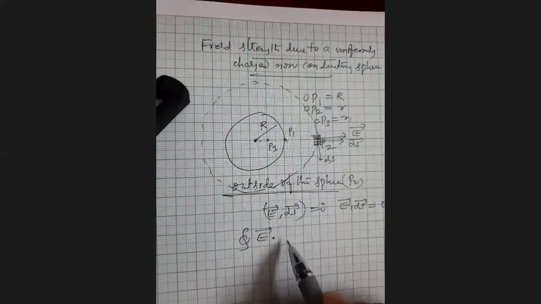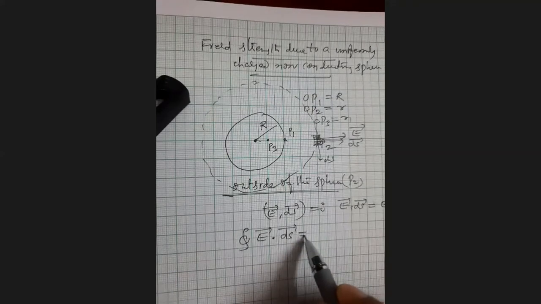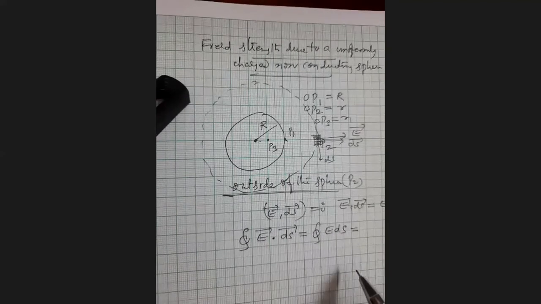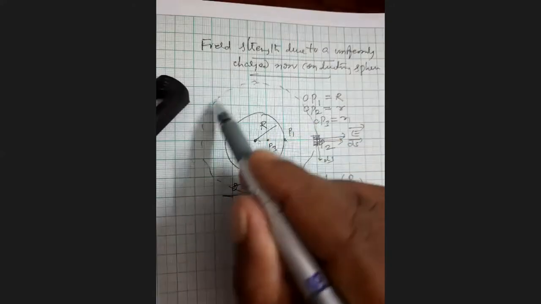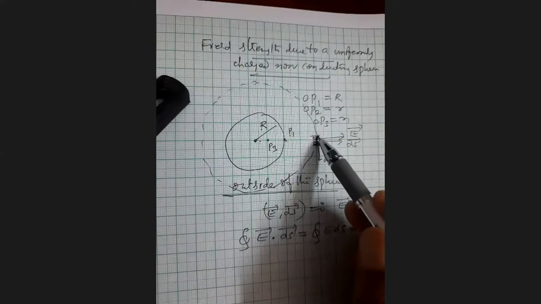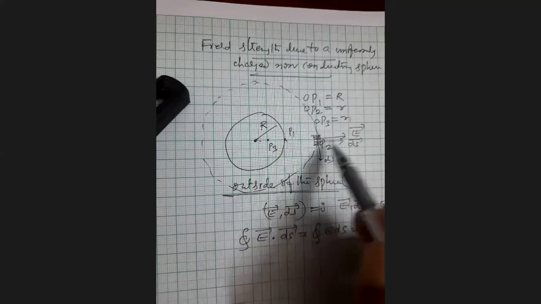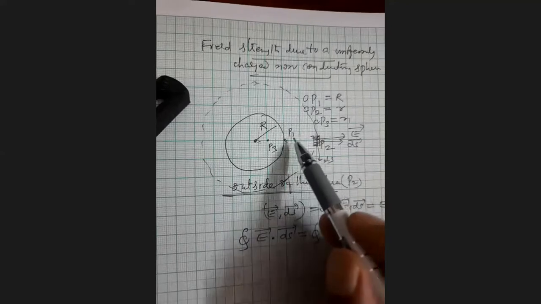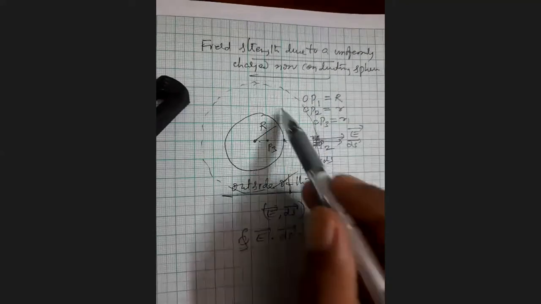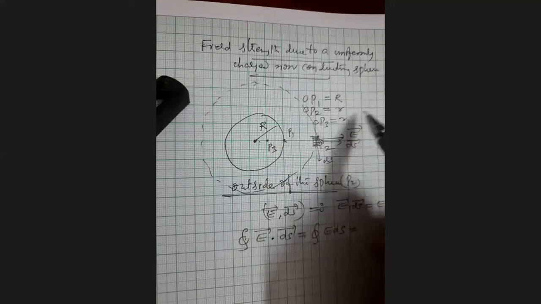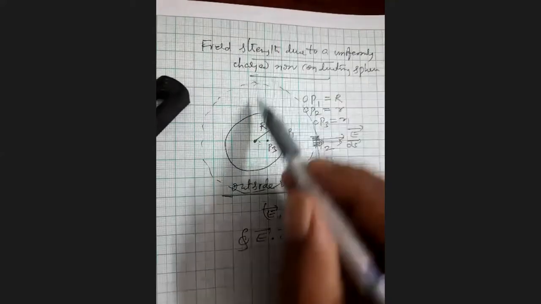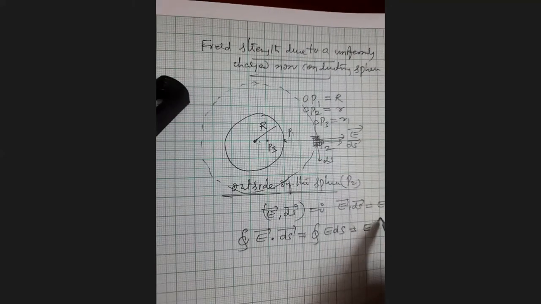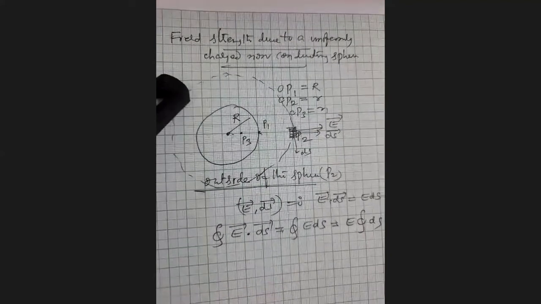Closed integral E bar dot ds bar is equal to closed integral E ds, that equals, since the magnitude of the field strength at every point on the spherical surface remains constant and it is radially outwards at any point. If it is positively charged, E bar direction is radially outwards. If it is negatively charged, then E bar direction is perpendicular to the surface, radially inwards. Hence, we write it as E into closed integral ds.